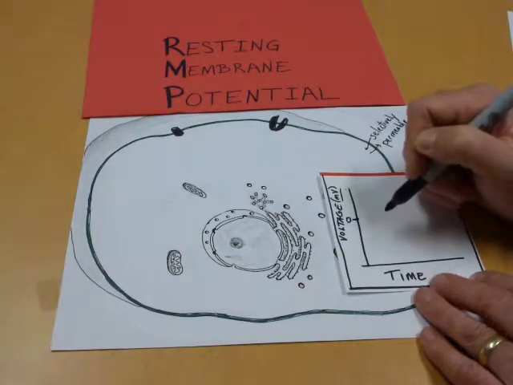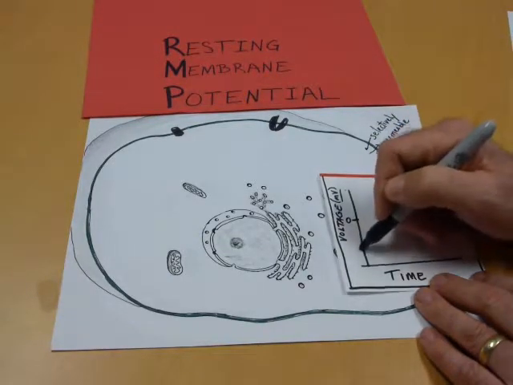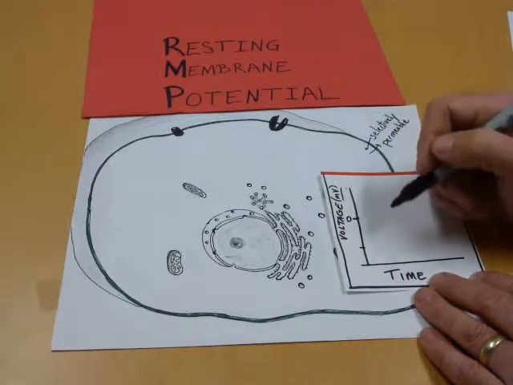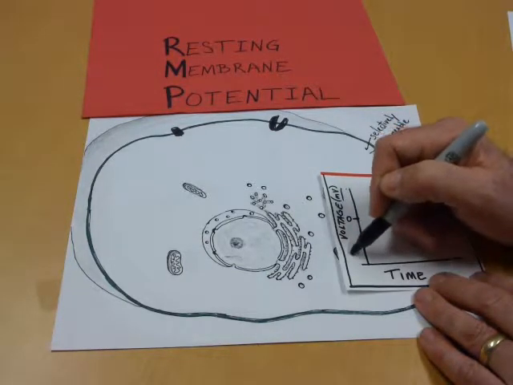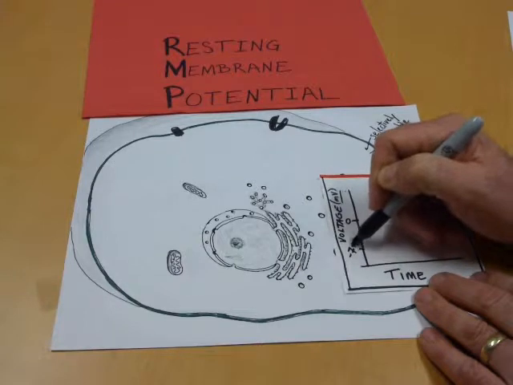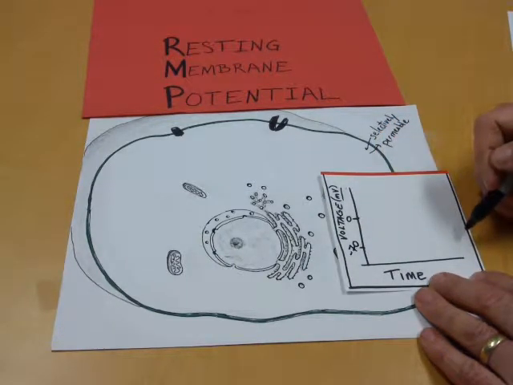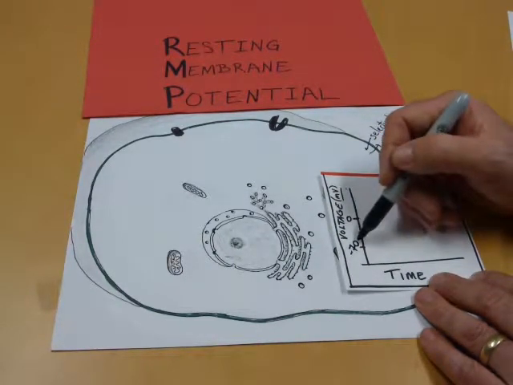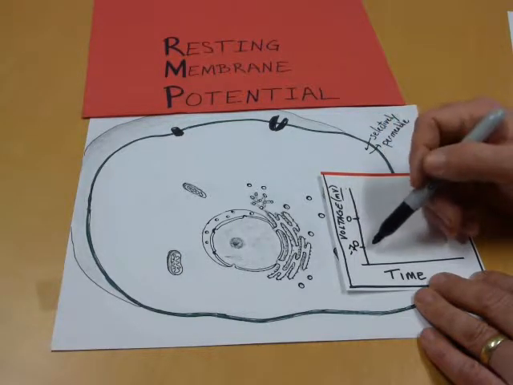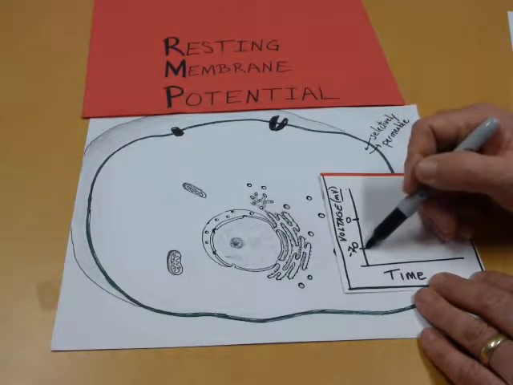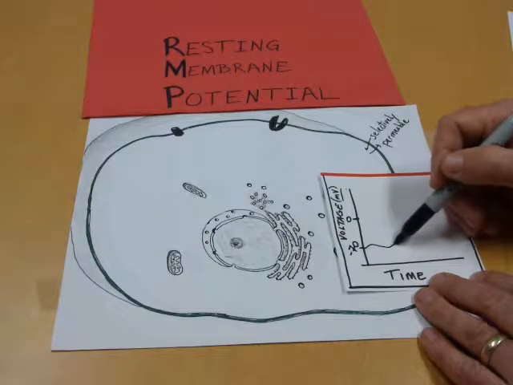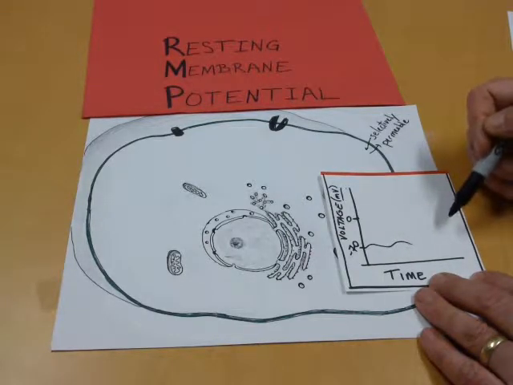0, instead of being at the bottom, is here. And our cells typically want to keep their voltage, their membrane potential, around -70. Not every cell, but most cells keep it around that. Now, cells are constantly spending energy and receiving energy, and so that usually stays fairly steady over time.